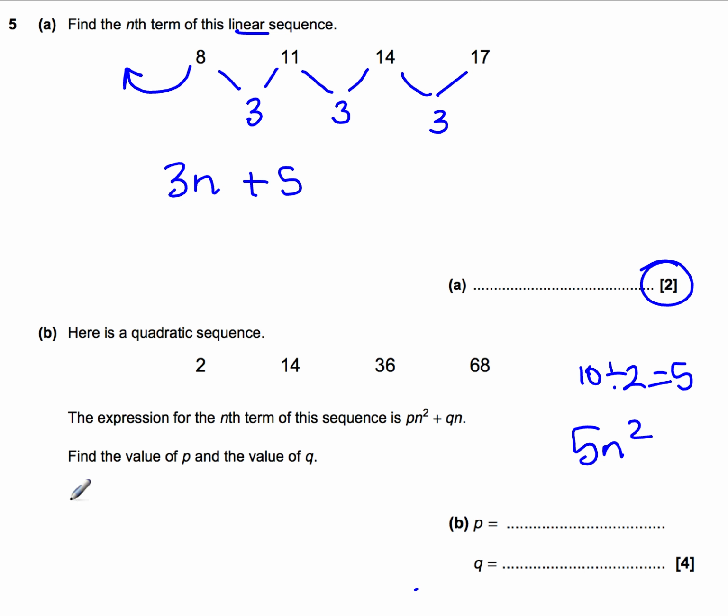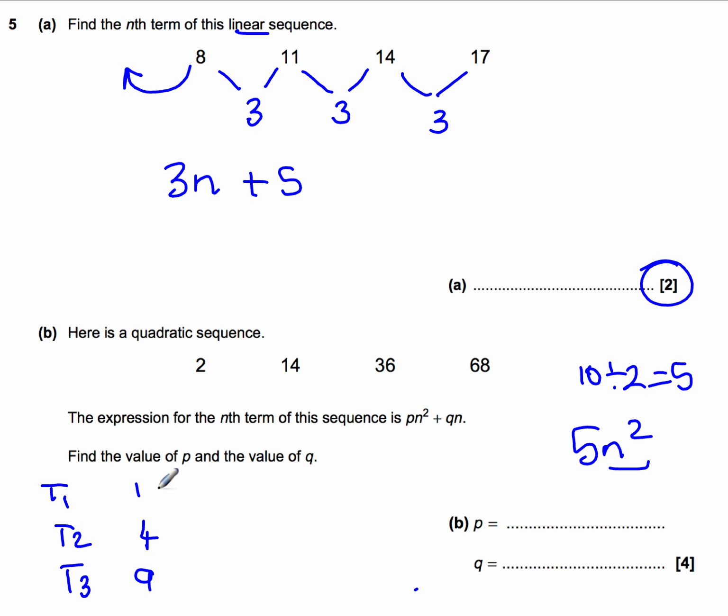Now I'm going to just state the first 3 terms, t1, t2, t3. I know that it's quadratic, so if I square my term 1, I get 1. If I square term 2, I get 4. They're the square numbers. If I square 3, I get 9. So that's this part of the formula, just squaring the terms.